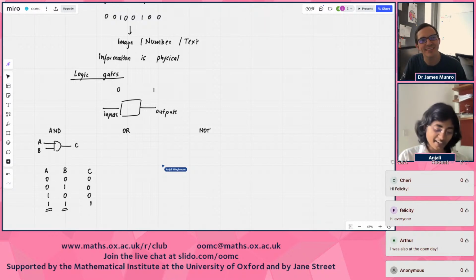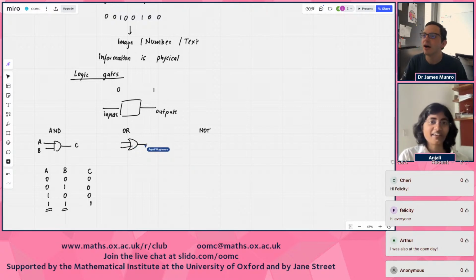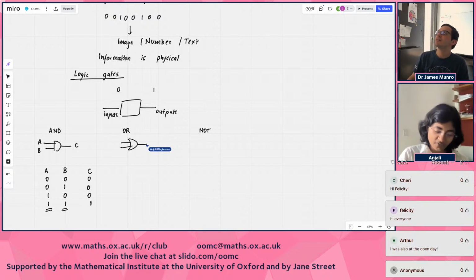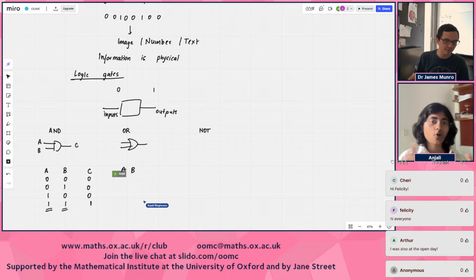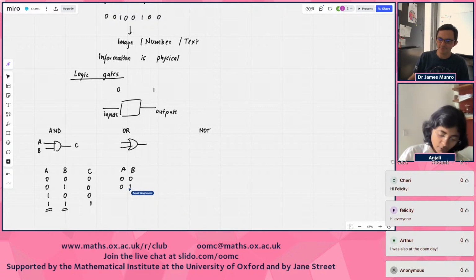Actually, the OR gate performs an addition sort of. You could have either A or B be 1. You have the same kind of inputs, and when either of your inputs is 1, you get the output to be 1.